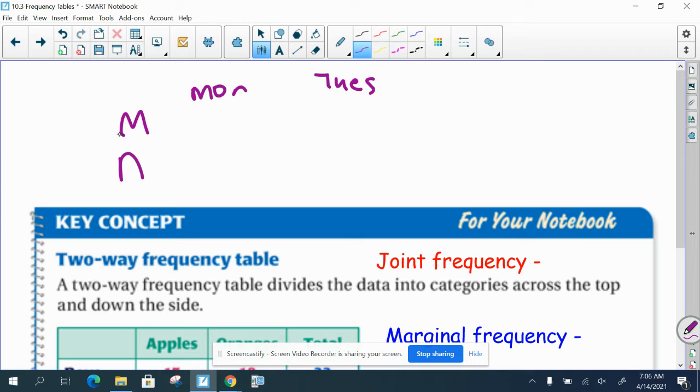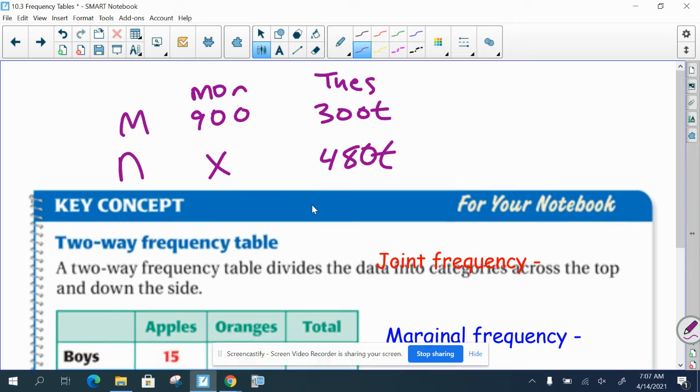You remember that line M made 900 toys on Monday, but no toys on Tuesday. But line N didn't make any on Monday. And then on Tuesday, line M made 300 per hour, so 300 T, and line N made 480 T. See how I'm setting up a frequency table to organize this? So you can do that for that question.